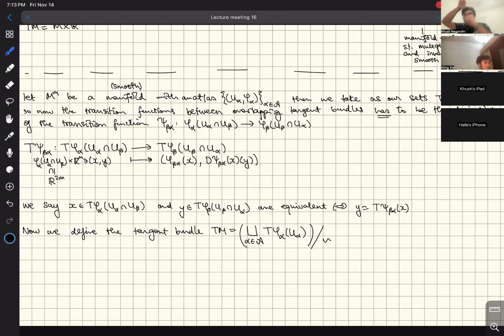It's just saying, okay, you can be at a point, and then at this point you look at all the tangent vectors. And the best way to interpret this definition is, if you have some coordinate system on M, then the tangent bundle of this coordinate system is just that coordinate system crossed with Rm.